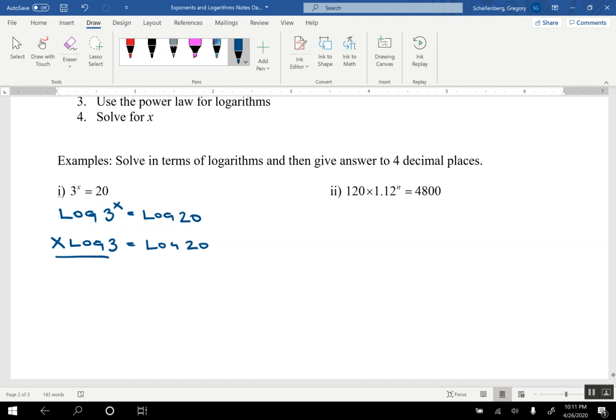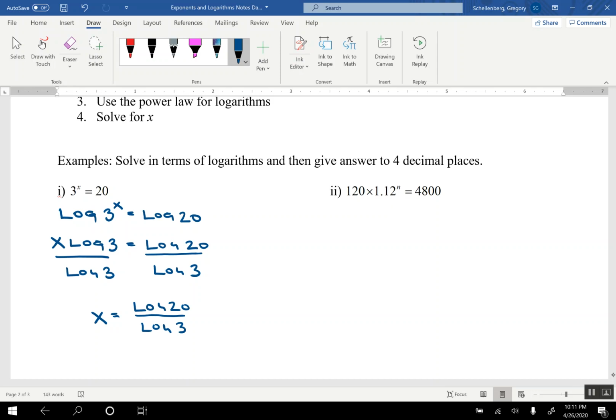And from here, we'll divide both sides by the log of 3. And so we get that x is equal to the log of 20 divided by the log of 3. And it's asking us to provide a solution to 4 decimal places.